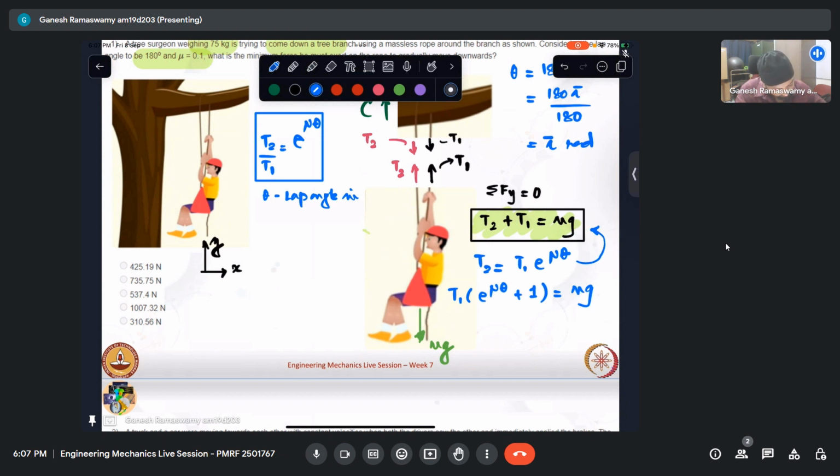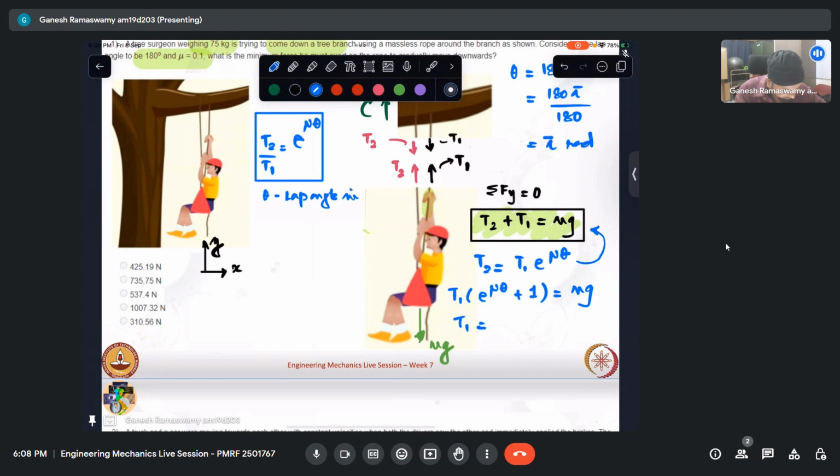So from here, T1 is what we have been asked. T1 is the tension that the person is applying here. So that is what we have been asked.